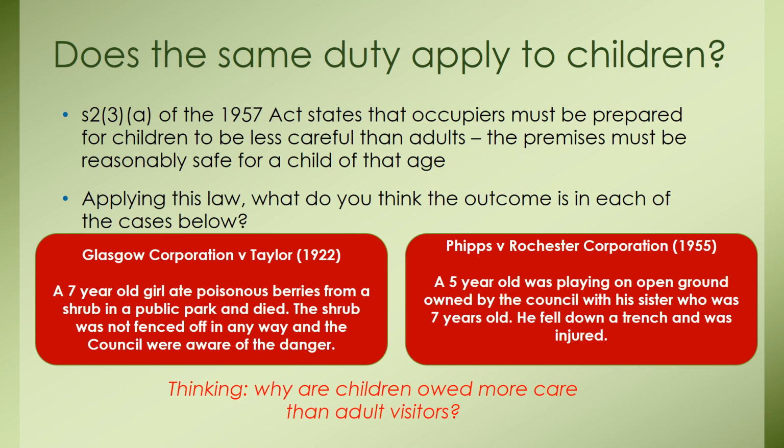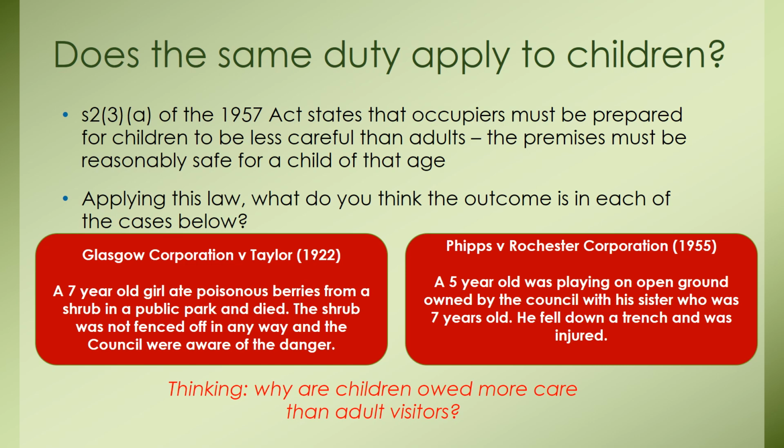So can you read the facts and then decide what you believe the outcome was? And then we will talk about this more in class if you would like to do so. So can you pause it here, and then once you unpause it I will tell you what the outcome is.